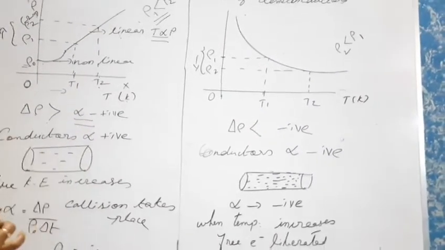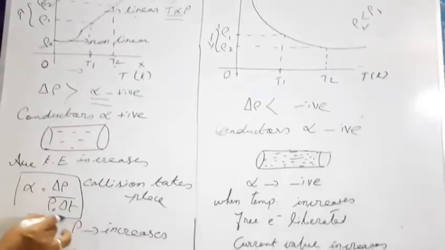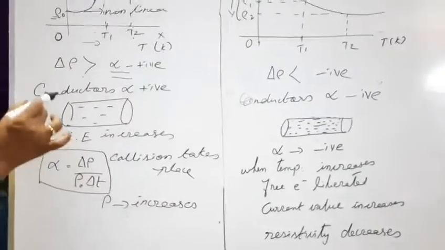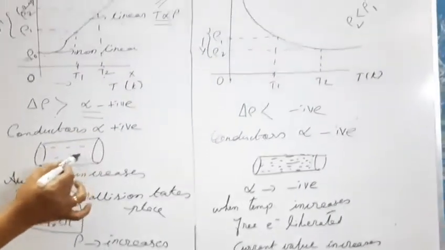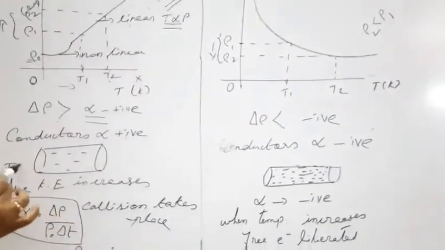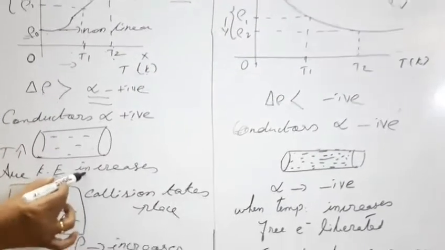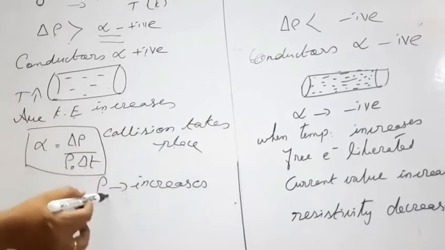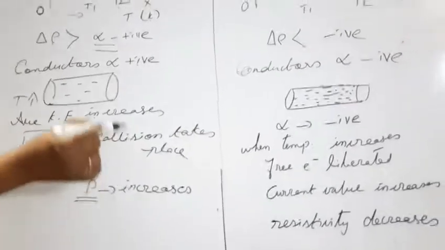Therefore, alpha equals del rho by rho naught del T, and in conductors the alpha value is positive. Therefore, when the temperature increases, the average kinetic energy increases. Due to this, collisions take place and the resistivity increases.